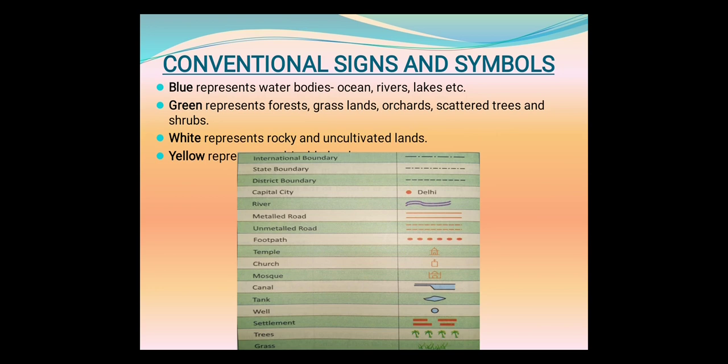Blue represents water bodies such as oceans, rivers, lakes, seas, etc. Green represents forest, grasslands, orchards, scattered trees and shrubs. White represents rocky and uncultivated land, whereas yellow represents cultivable land. The diagrams must be practiced.